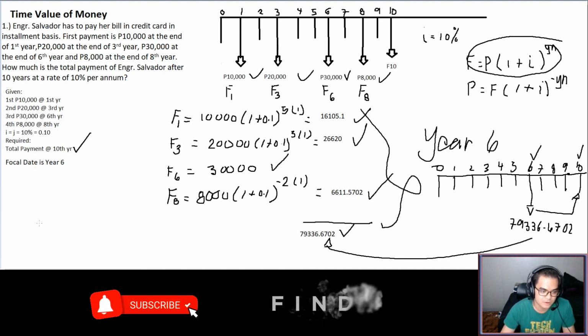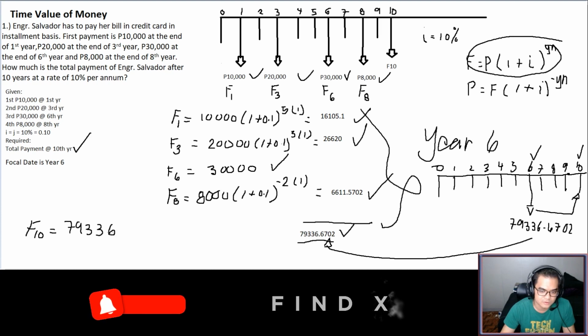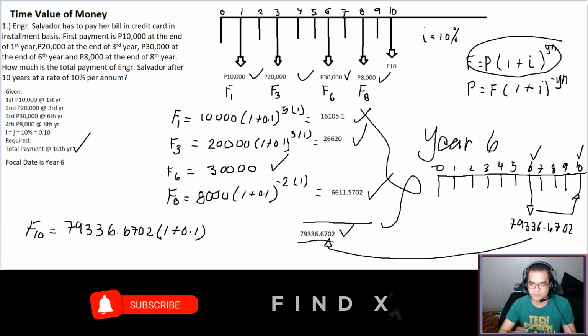So the total payment, or F10, will be equal to 79336.6702 times 1 plus 0.1. Again, your exponent must be positive.